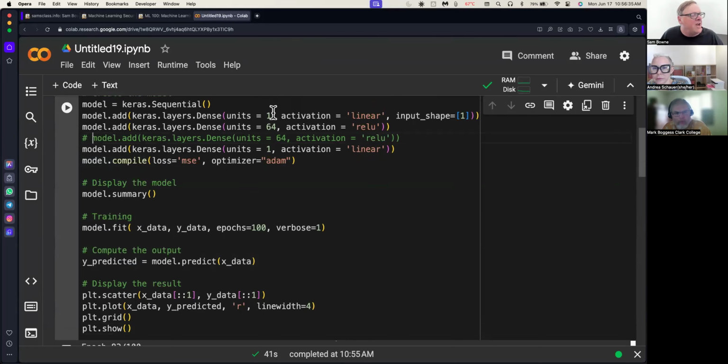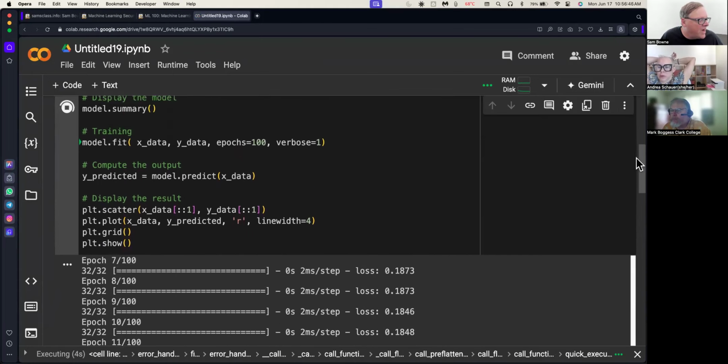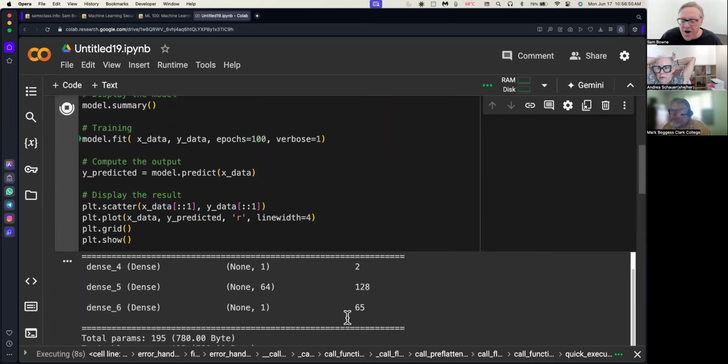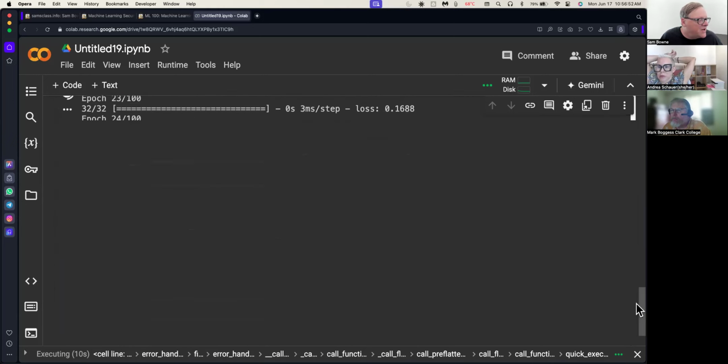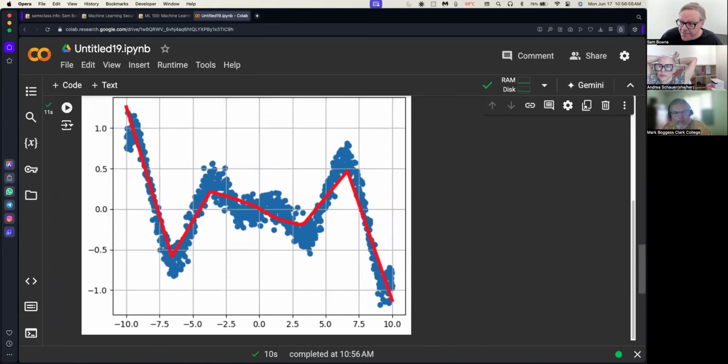All right, so now I got 1 input, 64 hidden, and 1 output, just 1 layer. So that's going to be a much simpler model with a lot less parameters. As you can see, instead of having 4,000 parameters, it's only got 195 parameters. And so the end result is still pretty good. But you see, it's not really doing a very good job of following the curve in there.